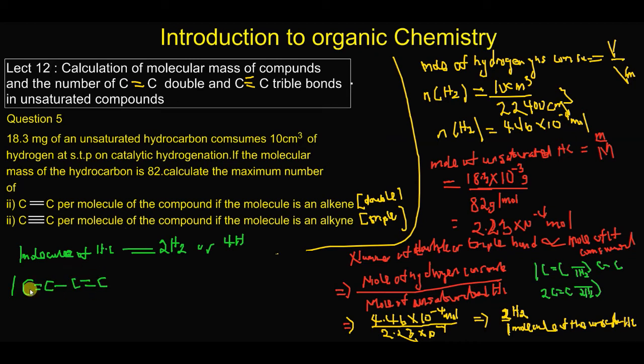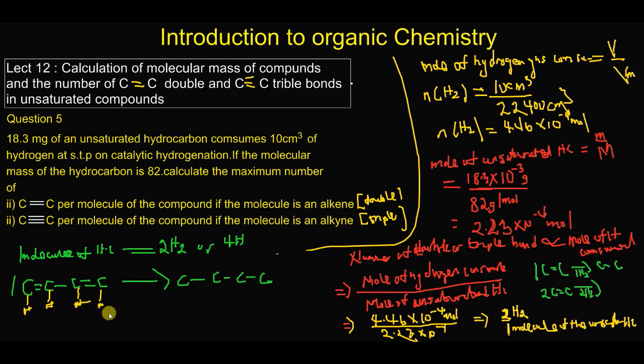Double bonds. To convert this to a single bond like this, you need 2 hydrogens here, and you need here in order to convert this to a single bond. And you also need here and this one in order to convert this to a single bond.